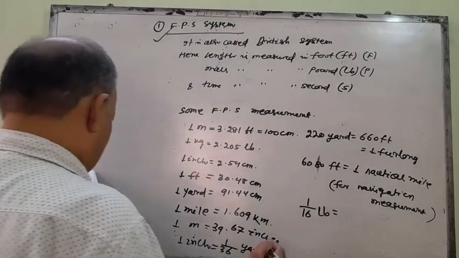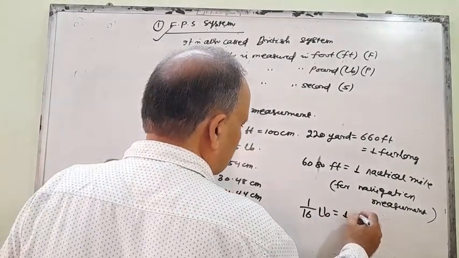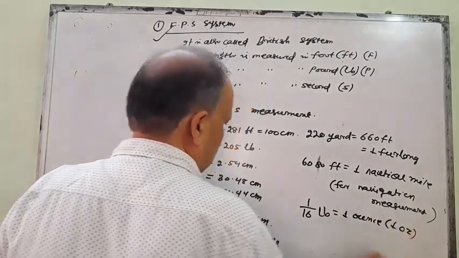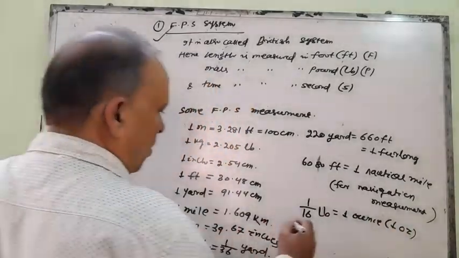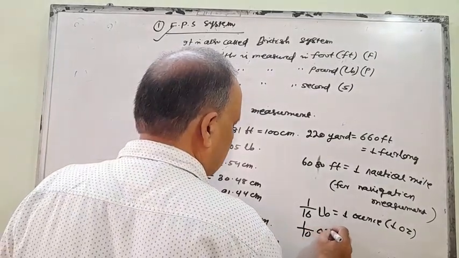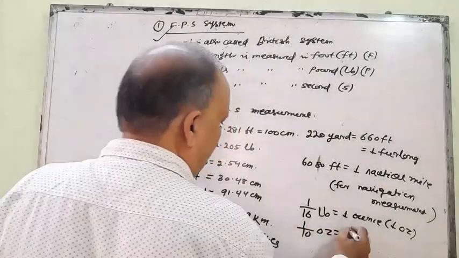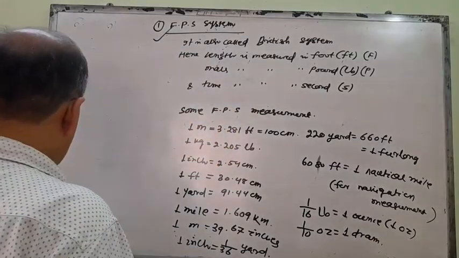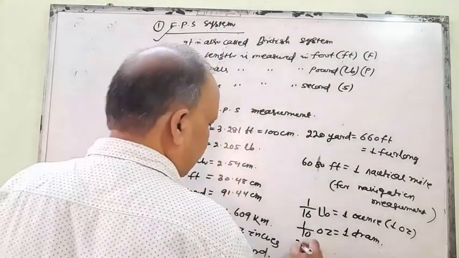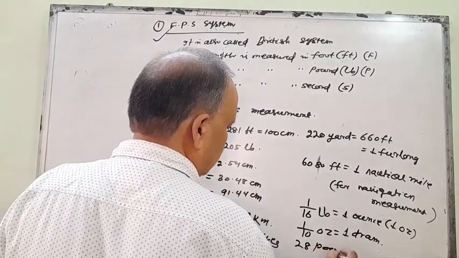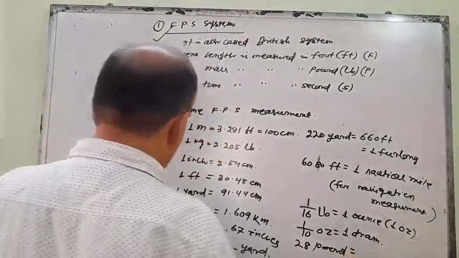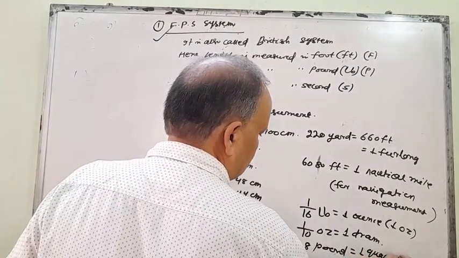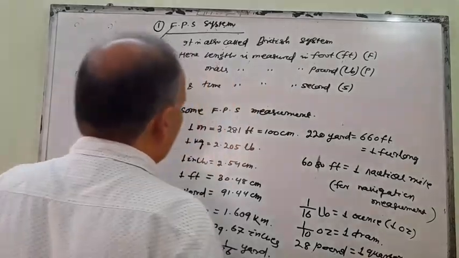1 by 16 pound is equal to 1 ounce, that is your 1 oz. You can say 1 by 10 oz is equal to 1 dram. And 28 pounds is equal to 1 quarter. You remember all this. 1 quarter.